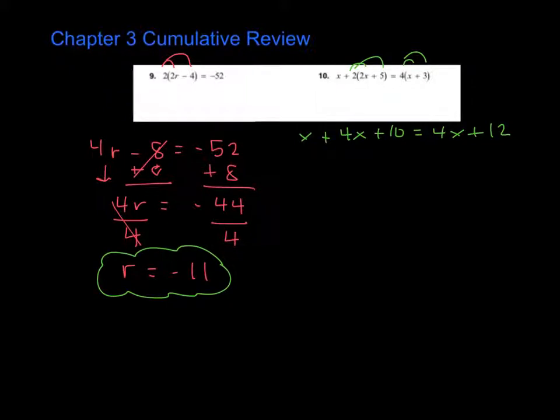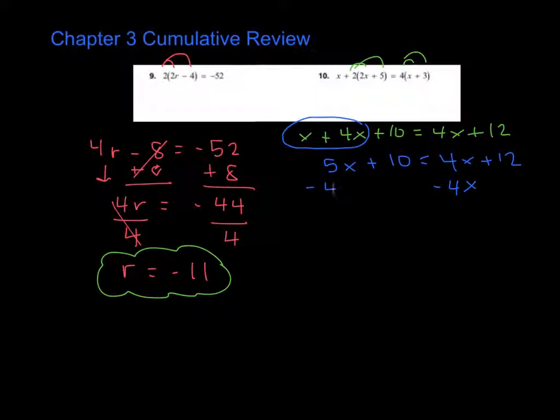Then at this point, what you should notice is on this left side, I've got an x and a 4x on the same side of the equal sign. So I can go ahead and just combine those. x plus 4x is 5x. And then I bring down my plus 10 equals 4x plus 12. Then from here, the opposite of positive 4x is to subtract 4x.